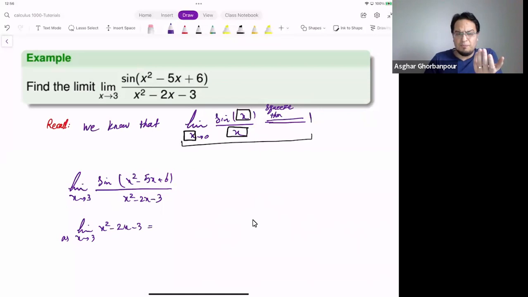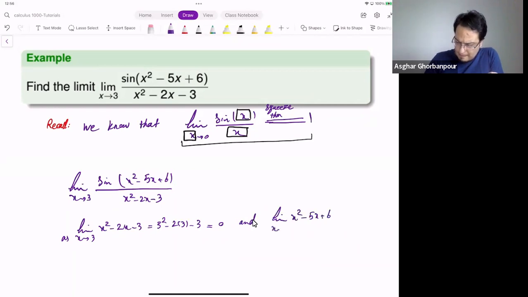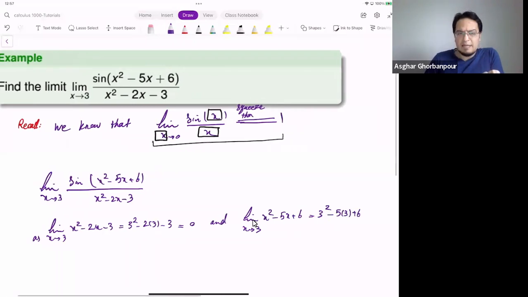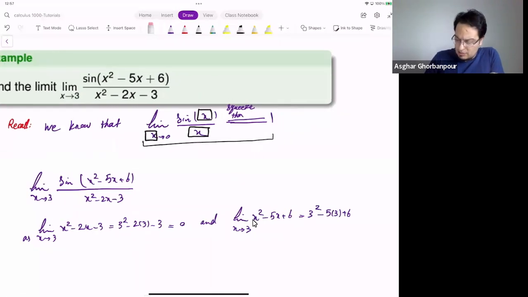This is a polynomial, it's continuous, so the limit is the same as evaluating. 3 squared minus 2 times 3 minus 3, 9 minus 6 minus 3, this is 0. And whatever I have inside the sine also goes to 0: 3 squared minus 5 times 3 plus 6, 9 minus 15 plus 6, that's also 0.